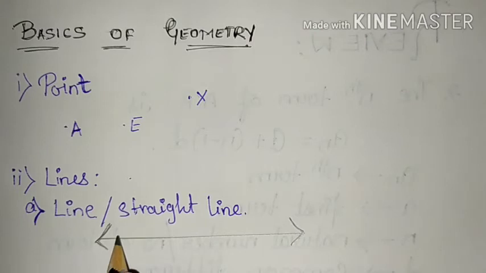To name a line, we can either use two capital letters. The capital letters must be two points on the line.